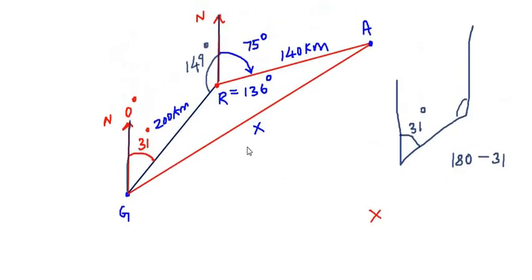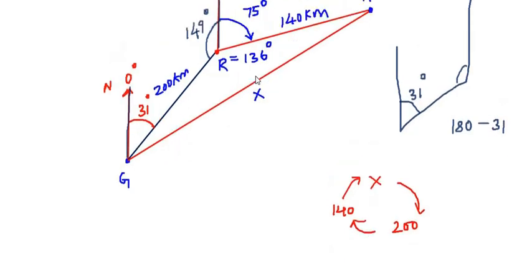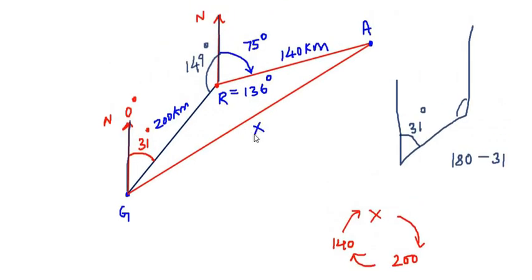So if I'm moving with the x side, I have to move to the 200 kilometers. So from x it goes to 200 kilometers and from 200 it goes to 140 kilometers. I have explained all the steps for the cosine rule and the sine rule in the video previously uploaded. So to understand this example clearly, you can go through the video uploaded on the cosine rule. So here I'm going to start with the x because I need to find out the side x.